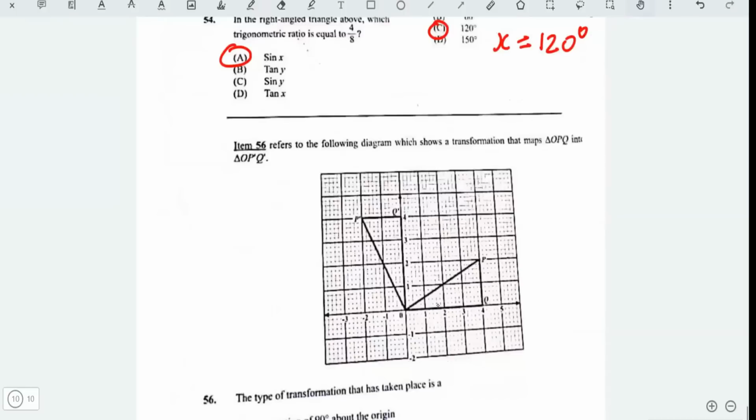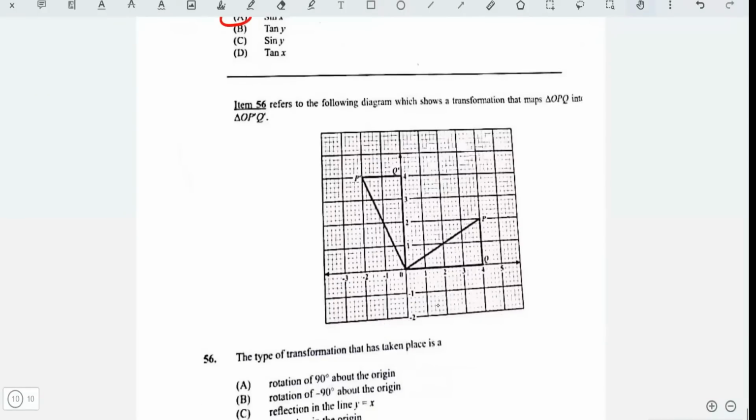Nice. Question 56 says, the type of transformation that takes place is, so as we can see, triangle OPQ is mapped onto this triangle right here, O prime, P prime, Q prime. So this is clearly rotation. This is definitely rotation, but going in this direction is anti-clockwise.